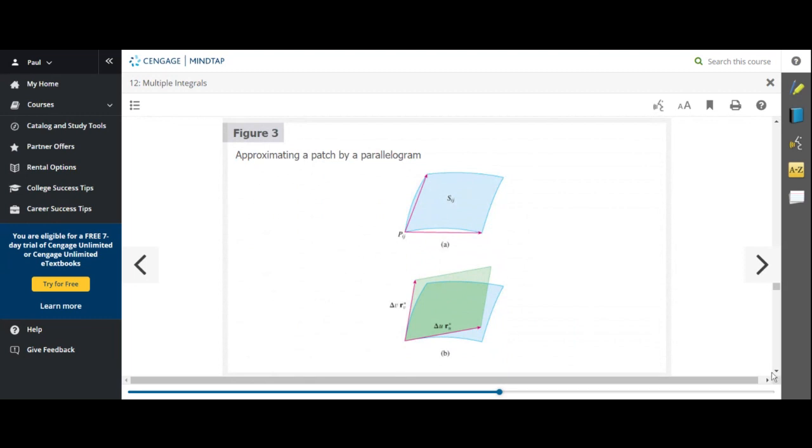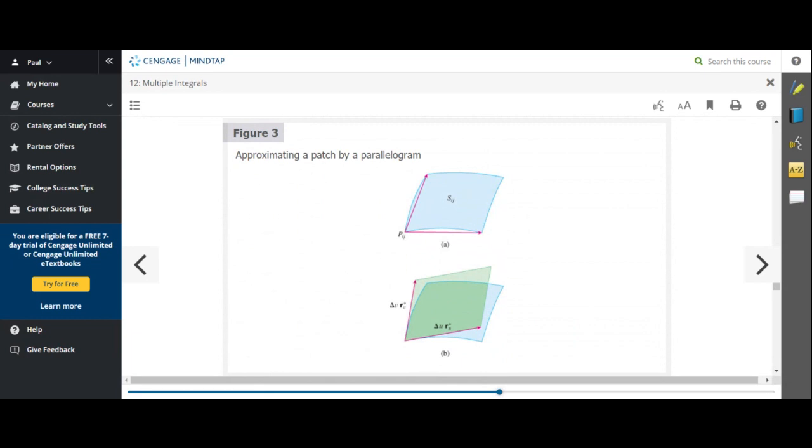So in Figure 3, you have a patch S sub ij, and you have a point on the bottom left corner of that patch, and you're drawing two vectors to those endpoints on the patch.